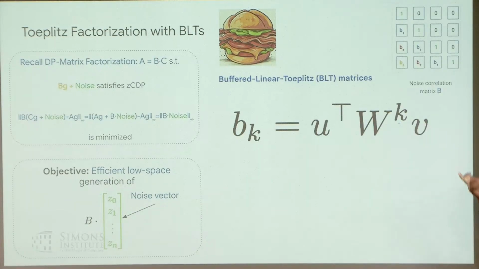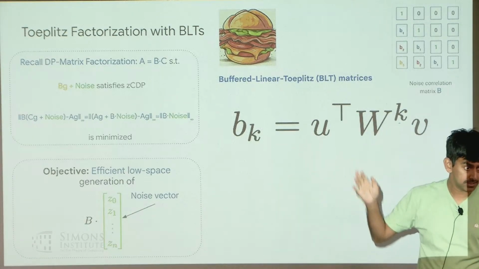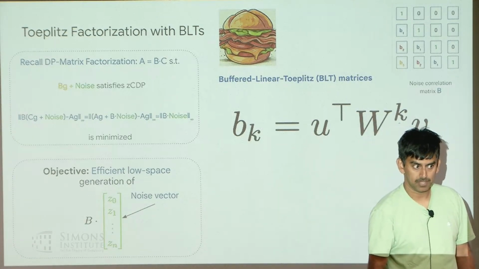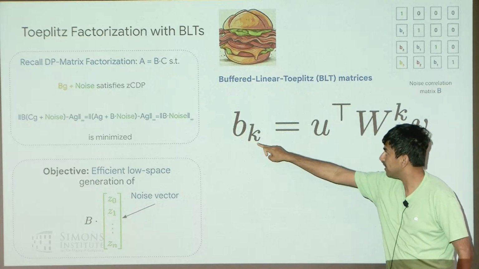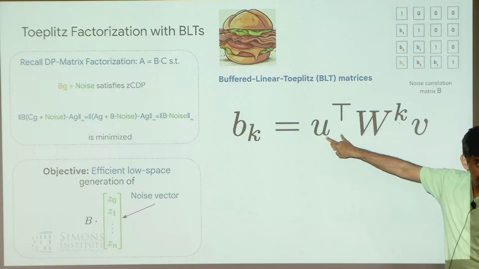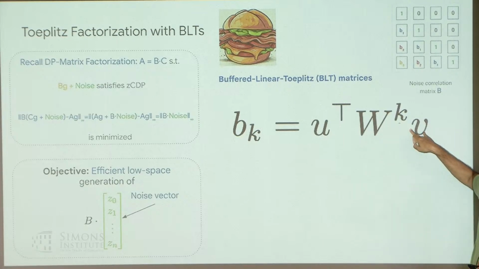So this is where the actual definition of the BLTs, the buffered linear Toeplitz matrices, comes in. Remember, you are talking about Toeplitz matrices, so defining one column is sufficient for me. The entries are defined as B_k = U^T W^k V, where U is the projection vector, W is a D by D matrix, and V is the initial state.